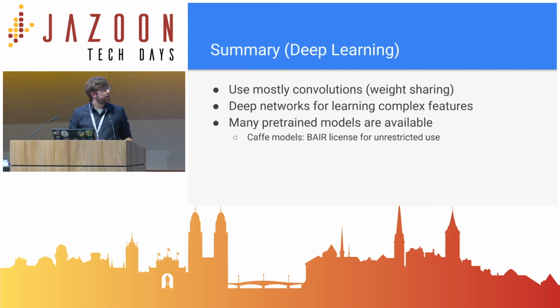And many models are available, and the models included in Caffe, so about 5 or 6, are under a license for unrestricted use. All the other published models usually have certain license agreements, but most often they are open source licenses and available for commercial use also. So that's very great. You can just download it, put it in your application, and run it.